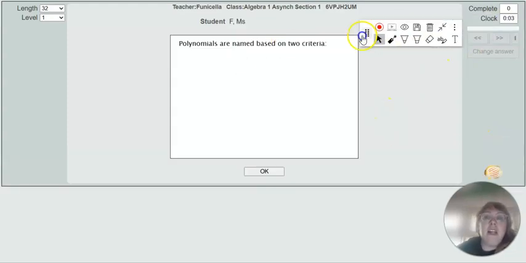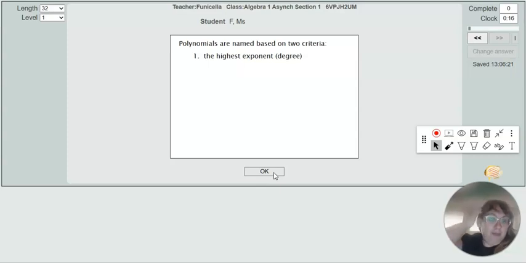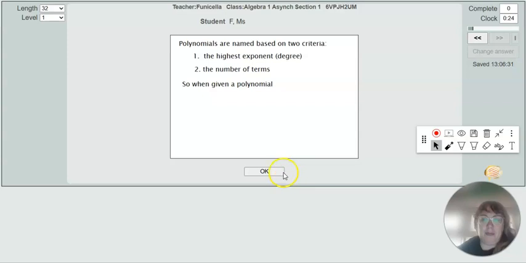And we're going to be talking about polynomials like we've been looking at in this lesson so far. Polynomials are named based on two criteria. We have the highest exponent, which is called our degree, and the number of terms. So you're just hitting OK each time as it goes through it.